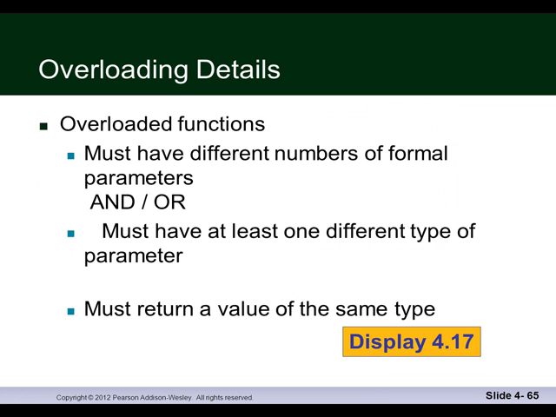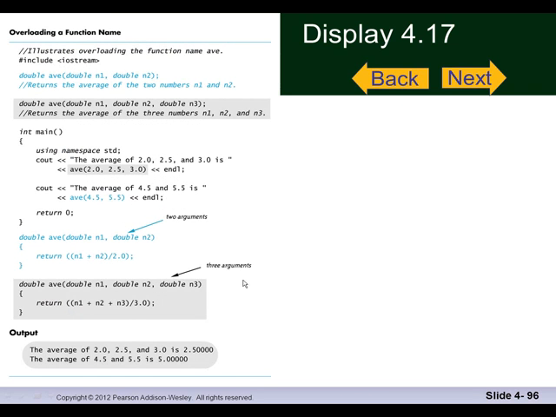So either they're going to have a different number of formal parameters, or they're going to have different types. So it's going to match up. If I have the same name with the same number of parameters, this is my declaration over here. I can have two of them with the same number of parameters, and instead of double and double, I can have int and int, or character and character, or a string and a string.